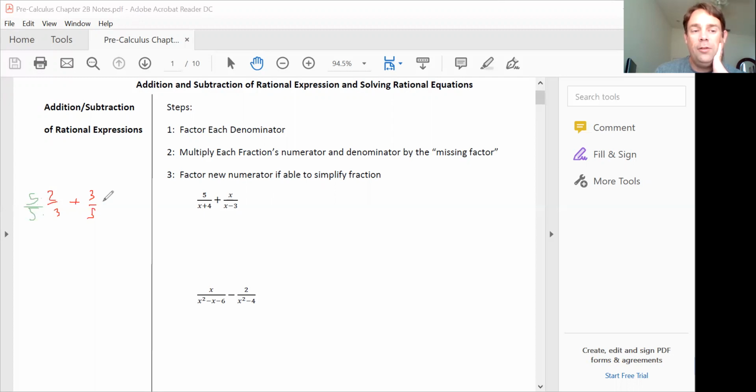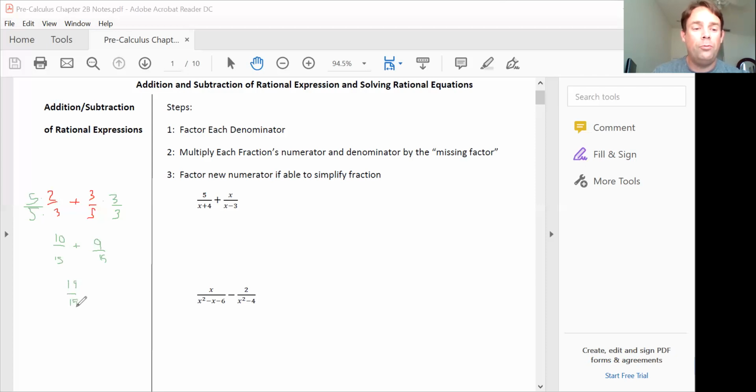And if I multiply any fraction by 1, it's still the same fraction. That would have given us 10/15 plus 9/15. And we then would go ahead and add the numerators and call it a day. So we would end up and get 19/15, just to finish that off there.